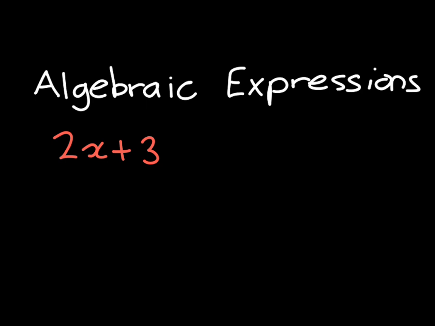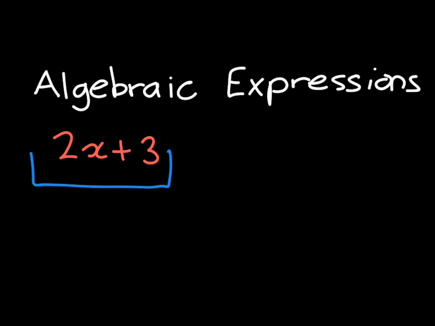The purpose of algebraic equations is to find the value of x. But for this video, we are not trying to find the value of x. We are going to be simplifying expressions which will look like this.